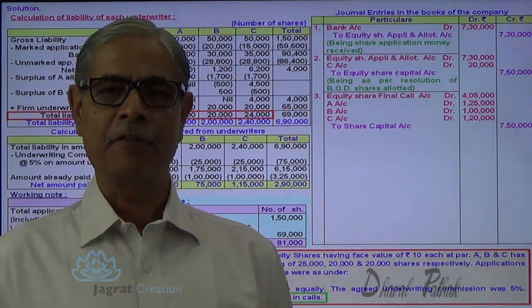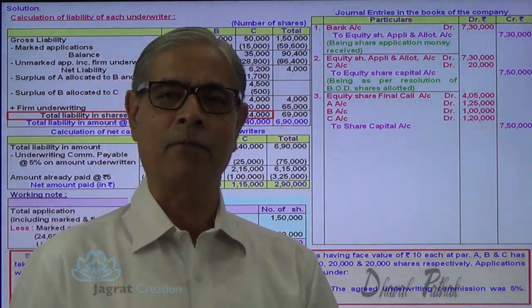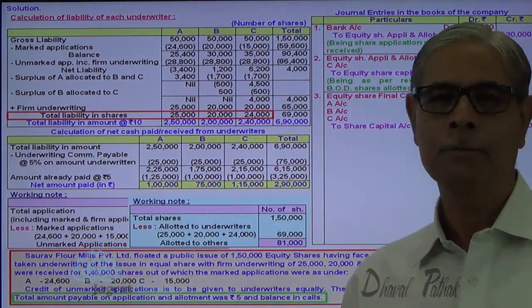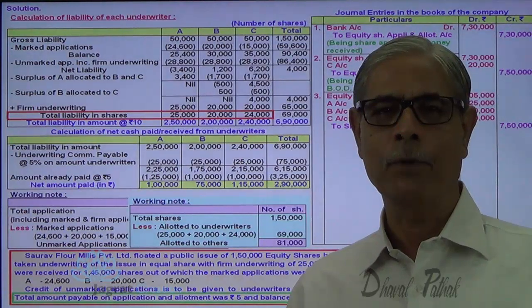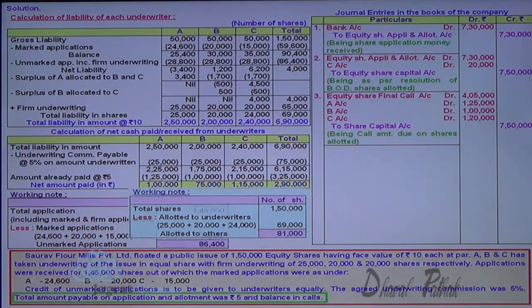Now we are going to receive the final call subject to the adjustment of underwriting commission. So before we receive the final call, let me write down the entry for underwriting commission. Being the call amount due on shares, that is the brief narration that I have recorded. Now let me write down the entry for underwriting commission.